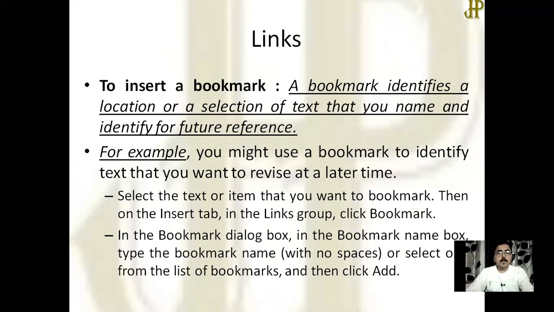Like this, if you want to remember some places of your document, a location, or a selection of text, then the bookmark is very useful. You might use a bookmark to identify the text that you want to revise at a later time.